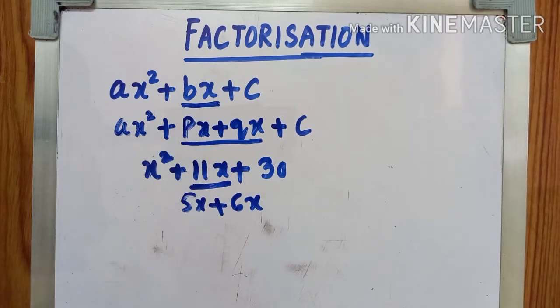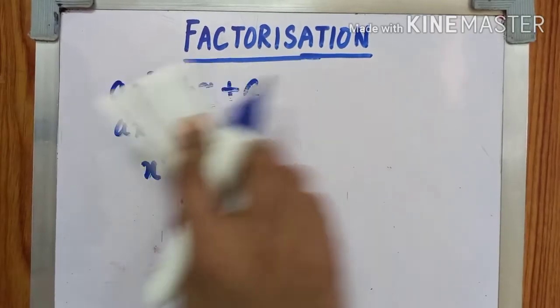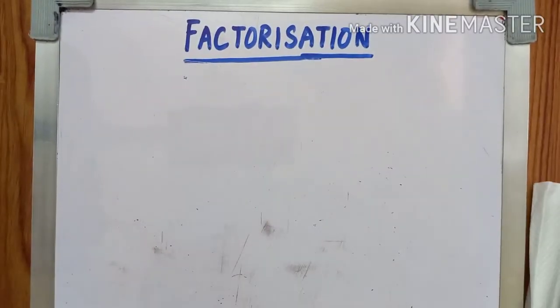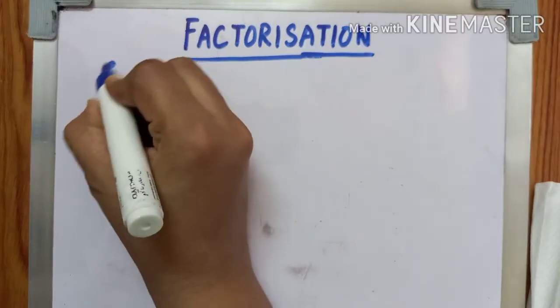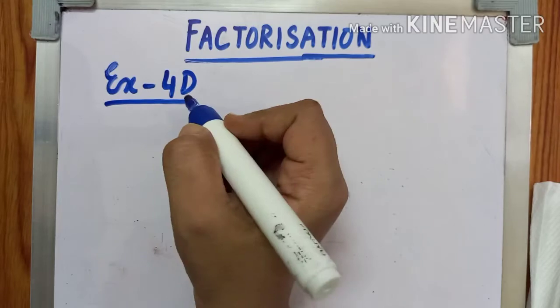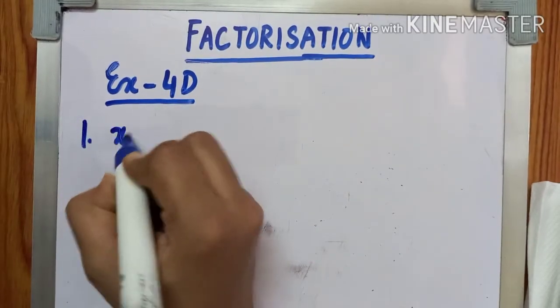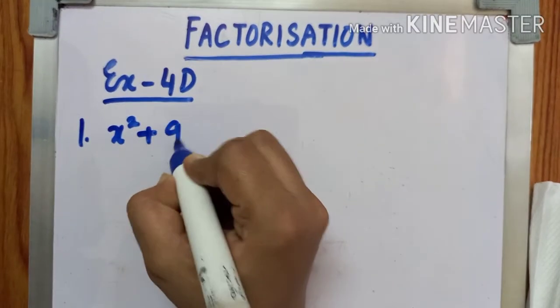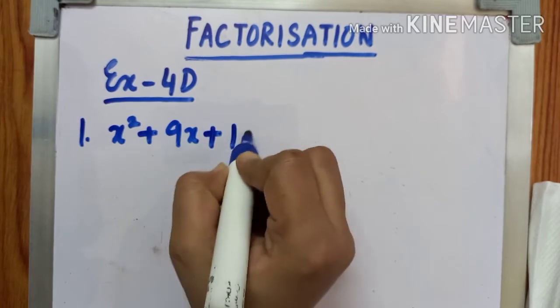Okay, so now let's see the problems. Here, exercise 4D, first problem: x square plus 9x plus 18.